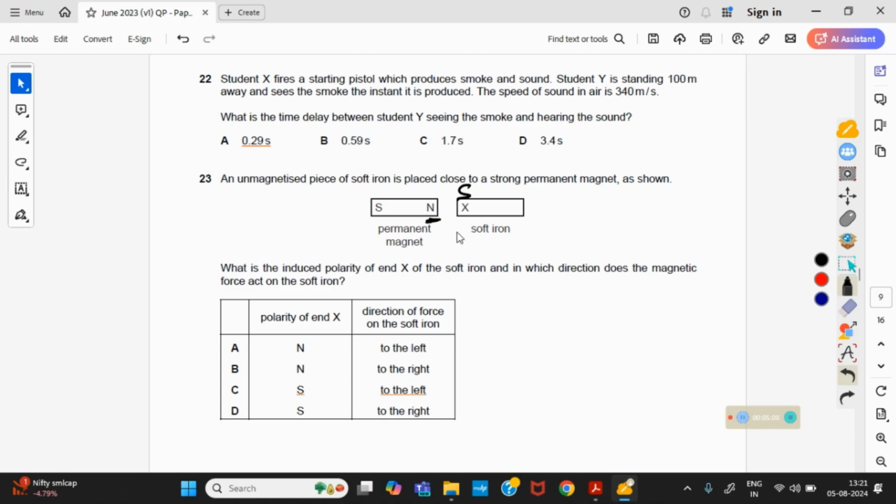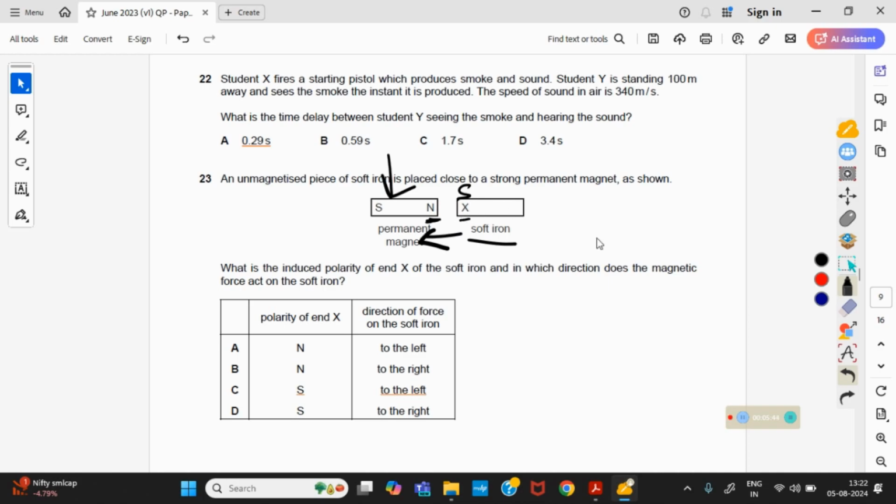So the induced polarity at end X will be south. Polarity of the end X is south. Now north pole attracts south because they are the opposite pole. So north pole will try to pull soft iron core toward itself. It means the force acting on soft iron due to this permanent magnet will be toward left, because the permanent magnet will try to attract soft core, and since it is the north it will attract toward itself.